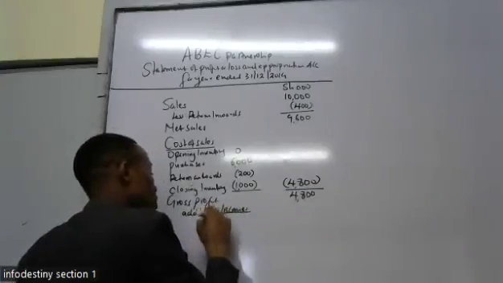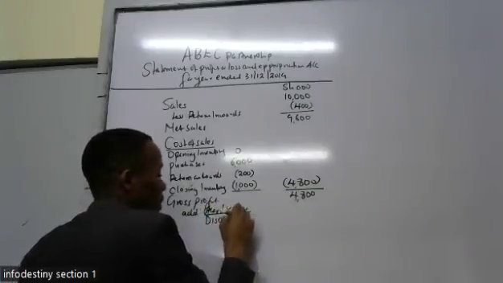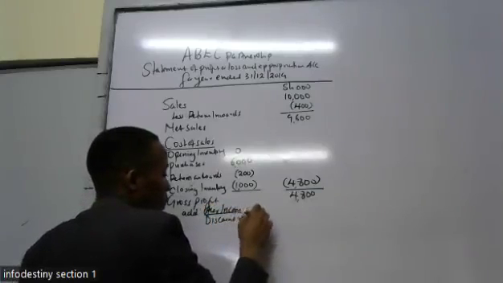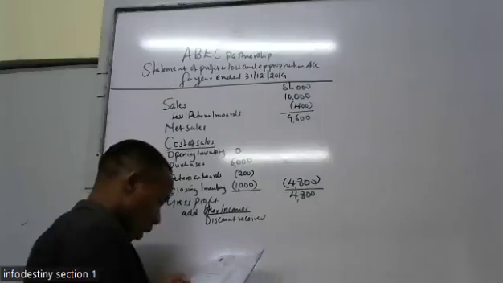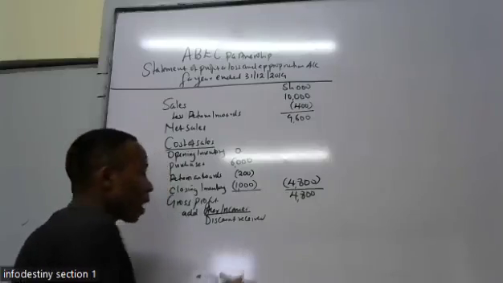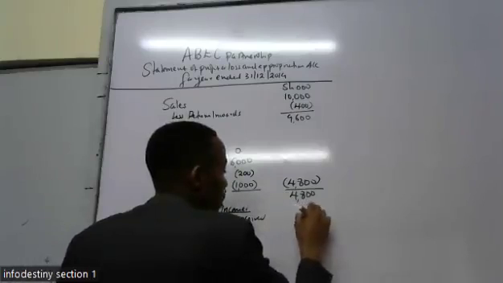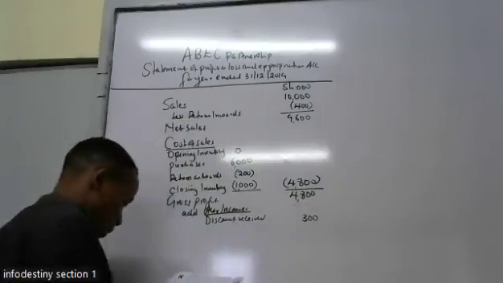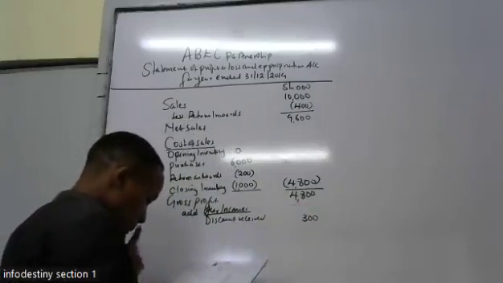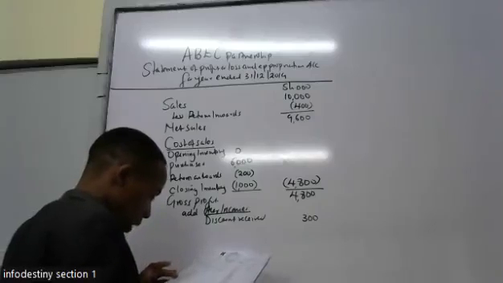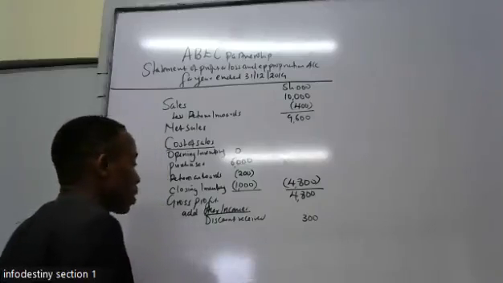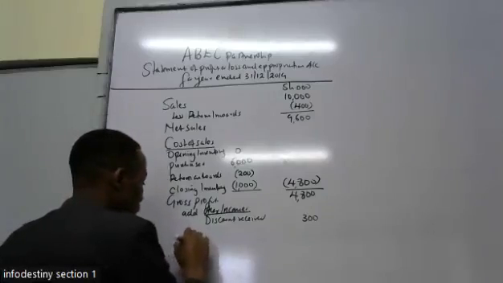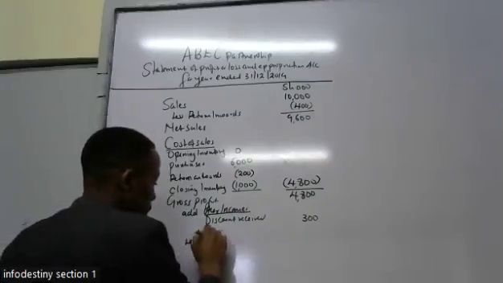We have discount received. Discount received is another income, an amount of 300. And we are not given any other income in that case. So that means from there we will less expenses.